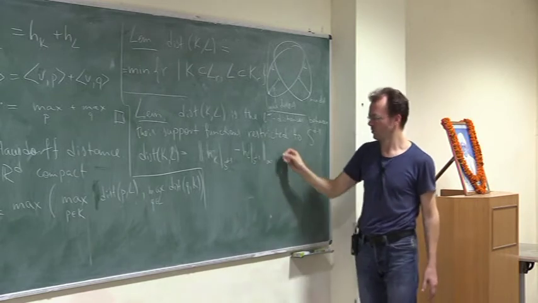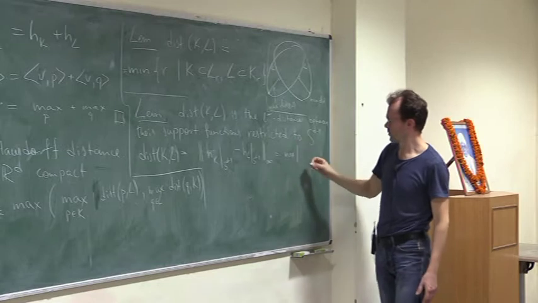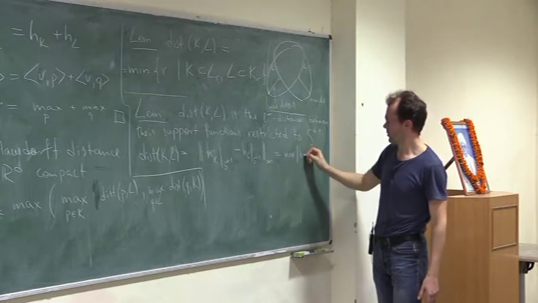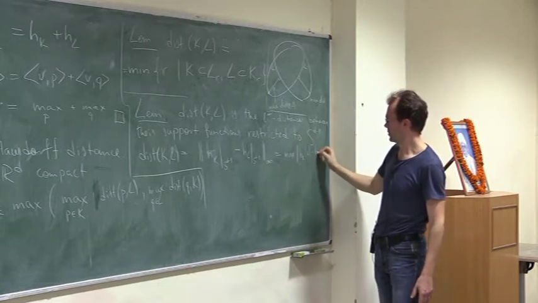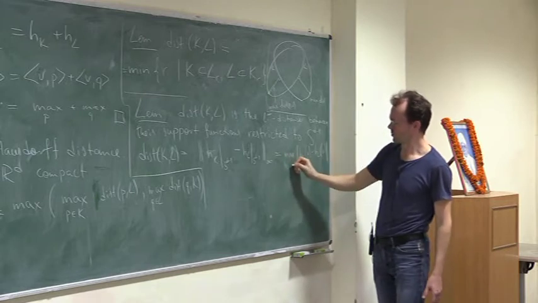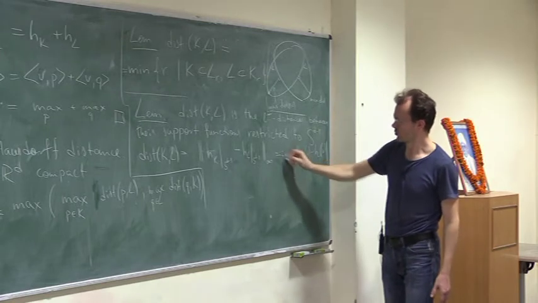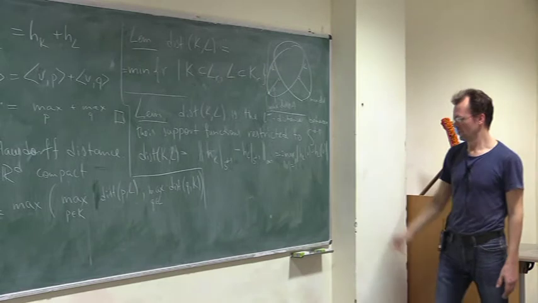So that is the maximum of the absolute values of h_K(v) minus h_L(v). The maximum is taken over all vectors v of norm 1. So that's exactly the definition of that norm.